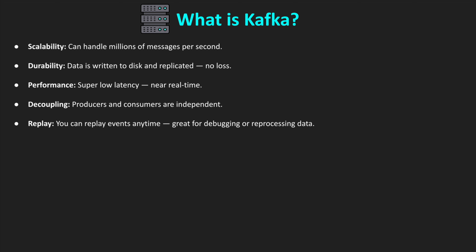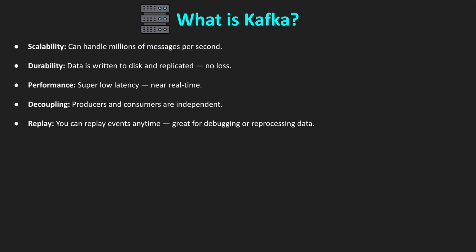The next one is performance. It's super low latency. It's near real time. So for the messages that we are processing, if we measure in milliseconds how long it took for us to consume the message from Kafka and to process it, the latency is low.